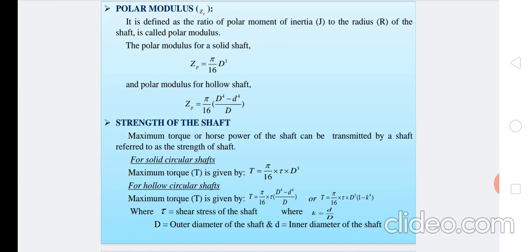For a solid shaft, and for a hollow circular shaft, T equals pi upon 16 into tau into capital D to the power 4 minus small d to the power 4, by capital D, or T equals pi upon 16 into tau into D cube into 1 minus k to the power 4, where k is the ratio of inner diameter to outer diameter of the hollow circular shaft, and tau equals the shear stress of the shaft.